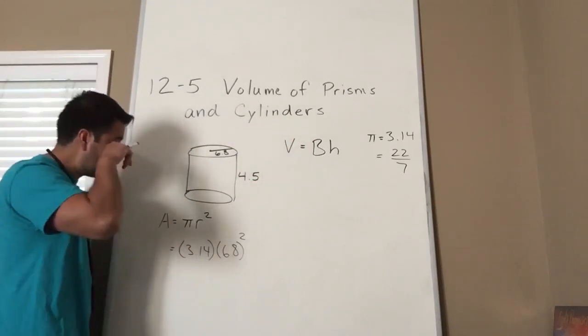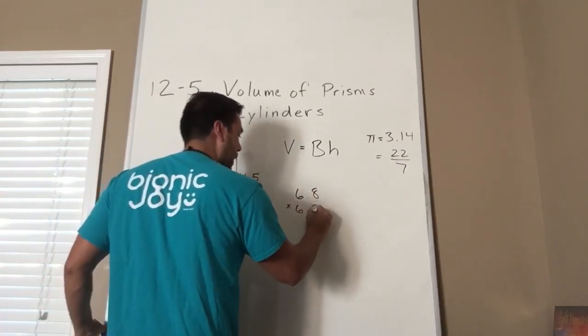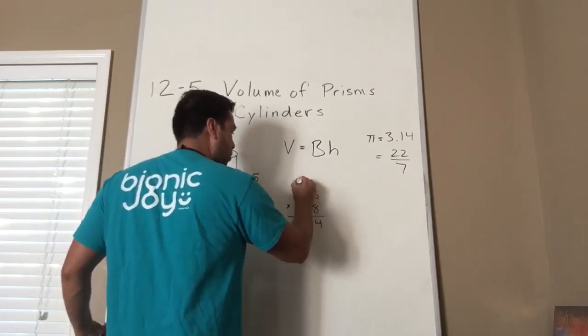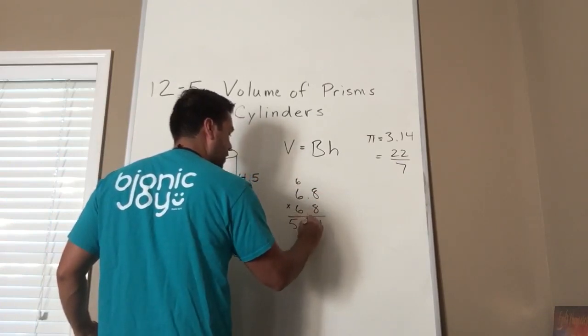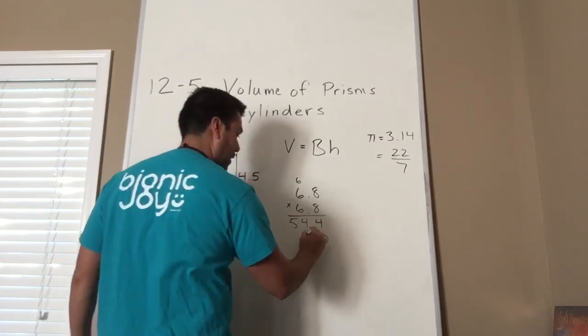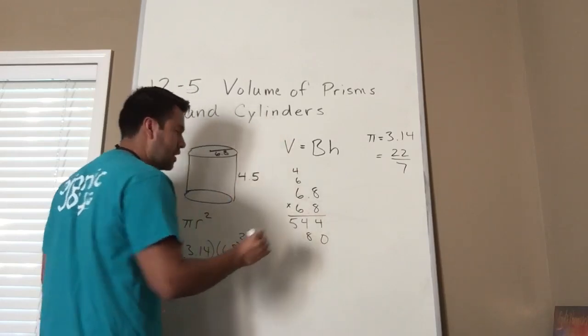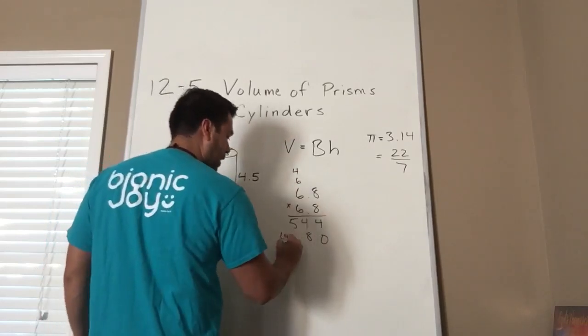6.8 times 6.8. 6 times 8 is 48. Sorry, I'm starting to think of other things. 48, 36, 40.